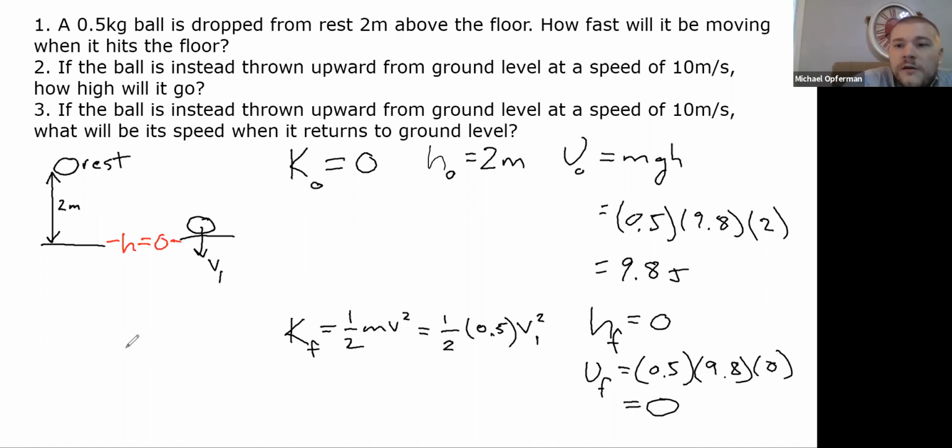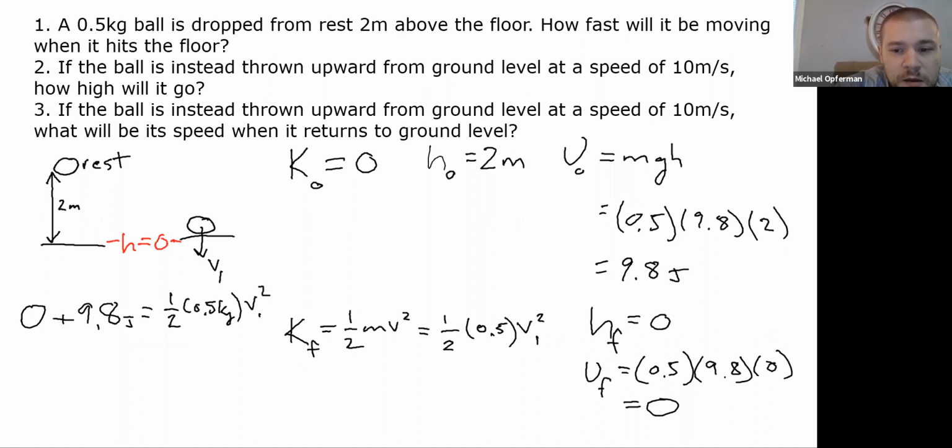Now, all I have to do is set the total initial energy equal to the total final energy. So we'll have 0 plus 9.8 as the initial energy, and the final energy is 1/2 times 0.5 kilogram times V1 squared plus 0.